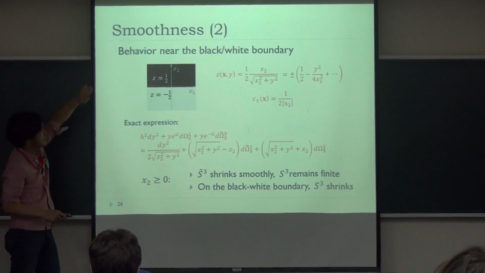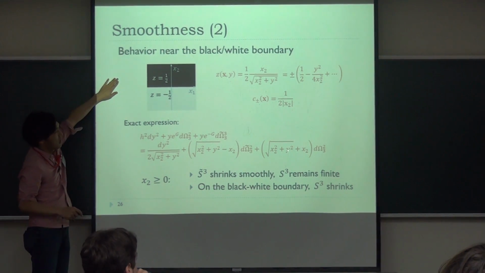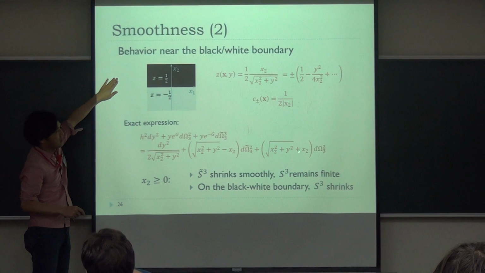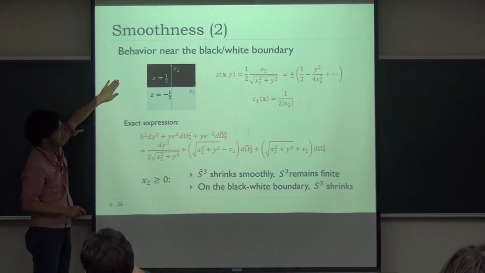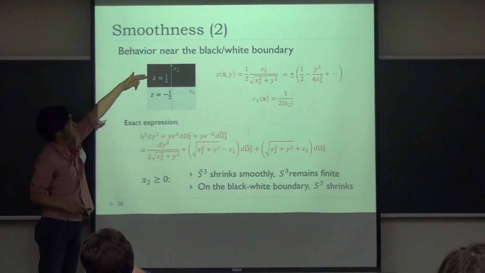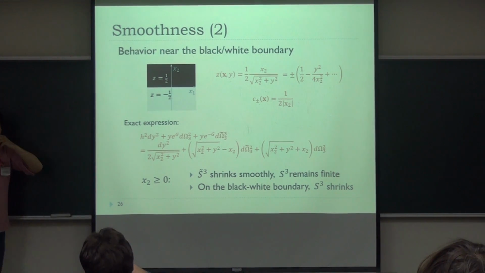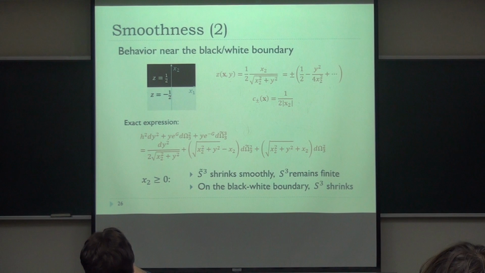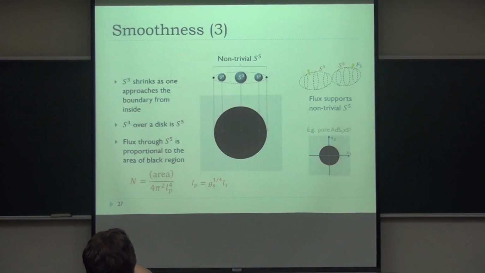As you approach y equals 0, the radius squared is 2x2. And that radius goes to 0 as you approach the boundary. Is it clear? Okay, so S3 tilde shrinks smoothly, and the other S3 remains finite, and on the black-white boundary, S3 shrinks.